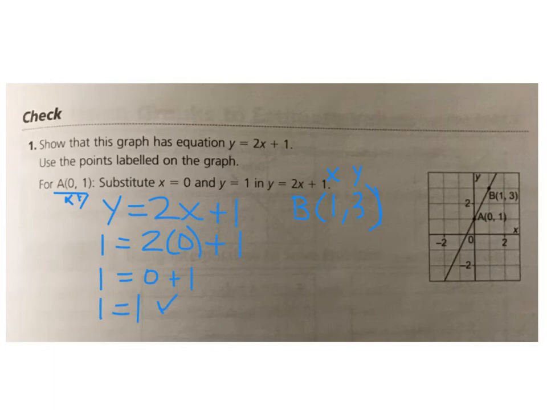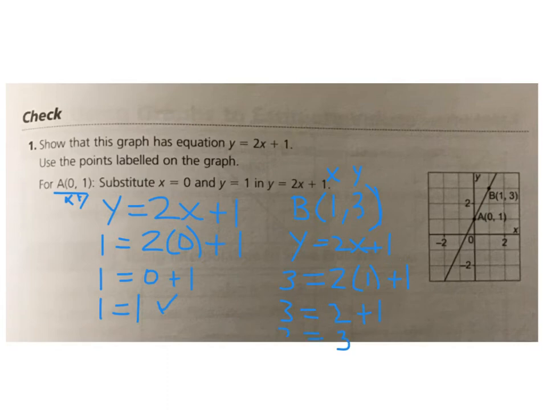Okay, so my equation is y equals 2x plus 1. In my y spot, I'm putting a 3. In my x spot, I'm putting a 1. So 3 equals 2 times 1 is 2, plus 1 more gives me 3 on that side.